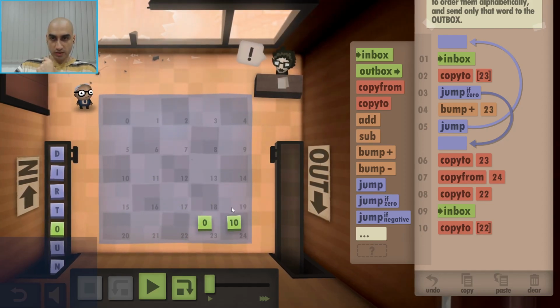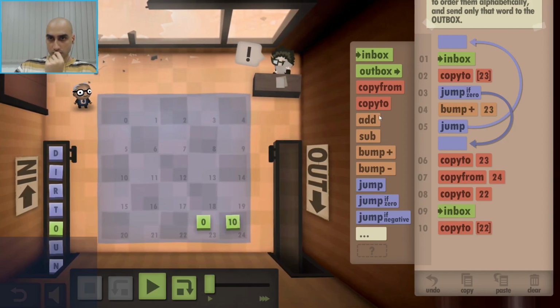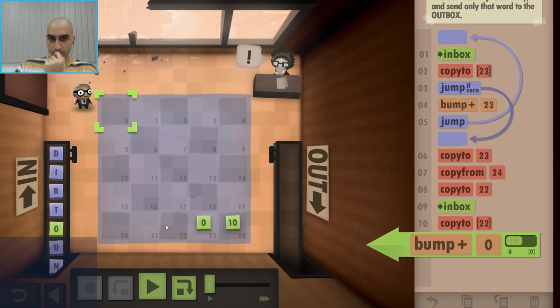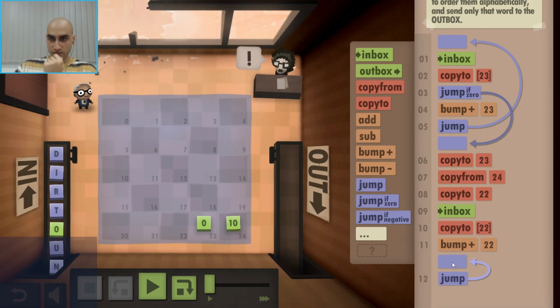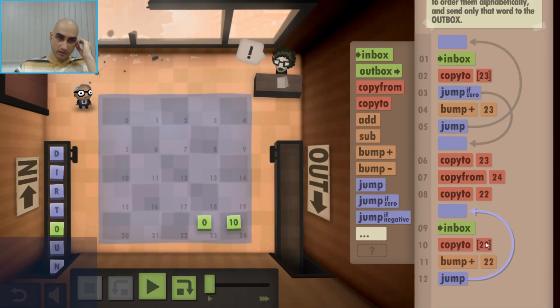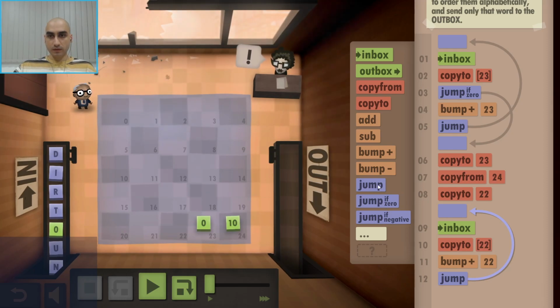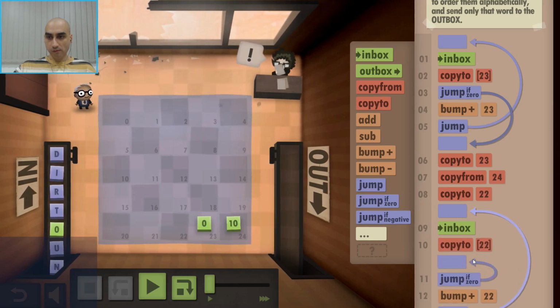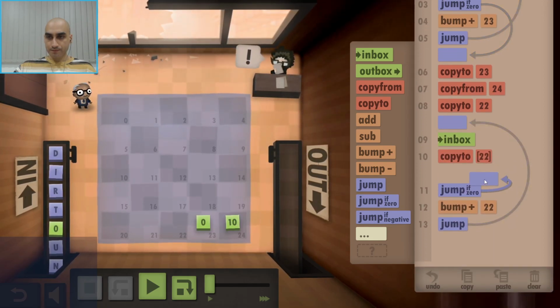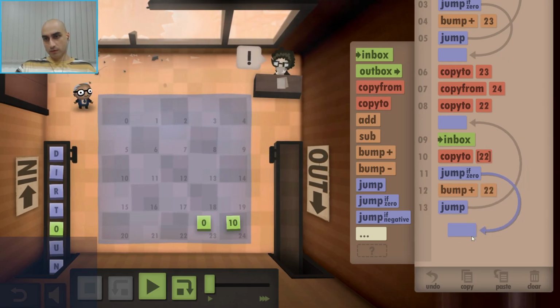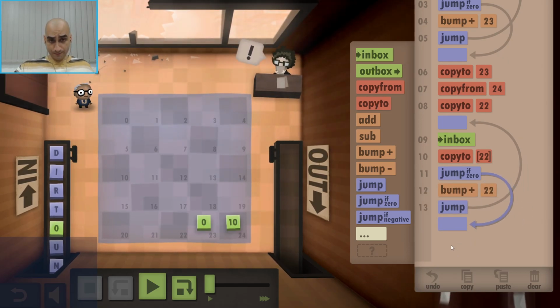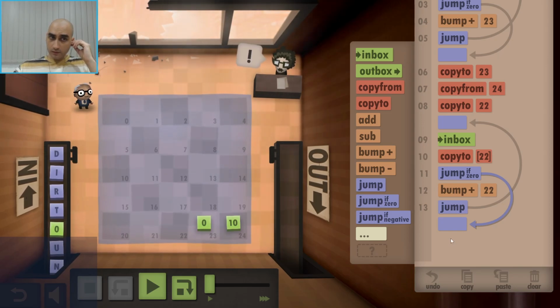Copy to that location. Bump. And repeat. Rinse and repeat. If with 0 we return. Okay, now we have to compare the two letters.